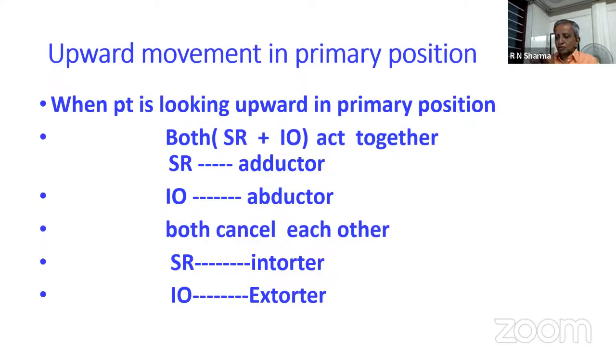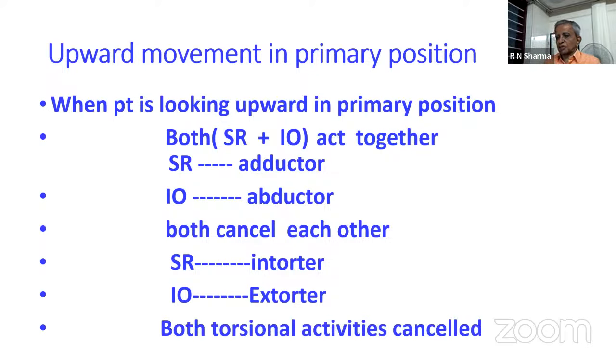Cancelling the opposite ones, what is left is elevation only. So when we look straight upward, there is no adduction or abduction from the individual muscles. One cancels the other. The adduction action of superior rectus is cancelled by the abductor action of inferior oblique, and the intorter action of superior rectus is cancelled by the extorter action of inferior oblique. This is how we are able to look straight upward or straight downward.